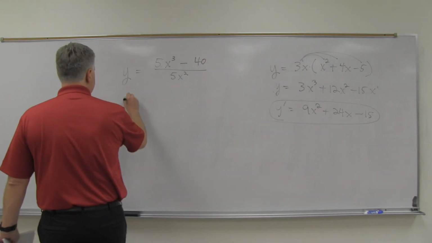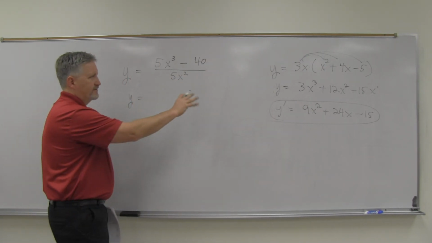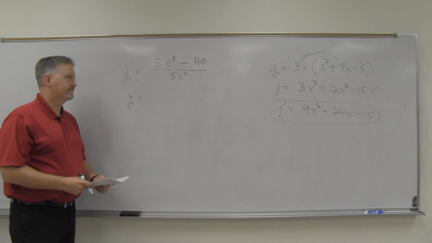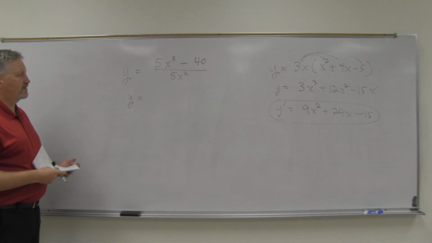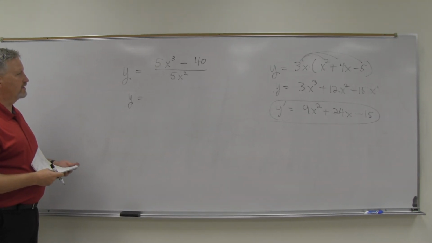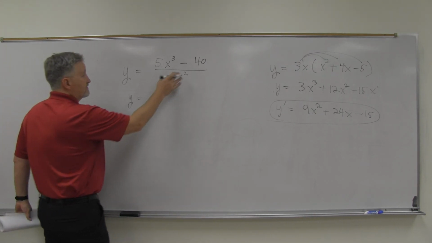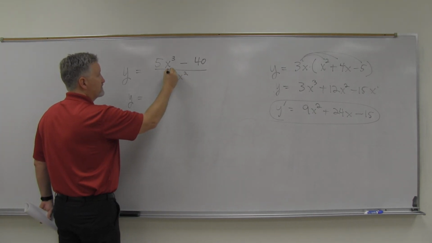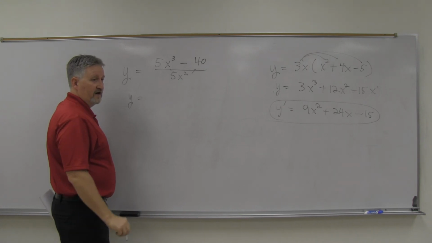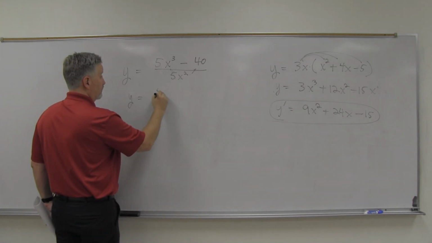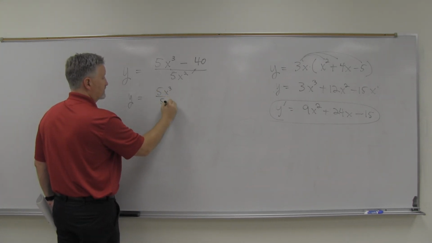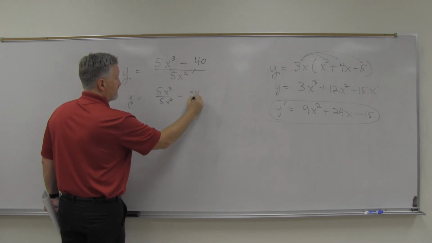What can we do? Well, something similar, I guess. It's probably something we're not as used to as distributing, but this 5x squared, one thing I can do is divide both of those by 5x squared, 5x cubed divided by 5x squared, and then minus 40 divided by 5x squared.